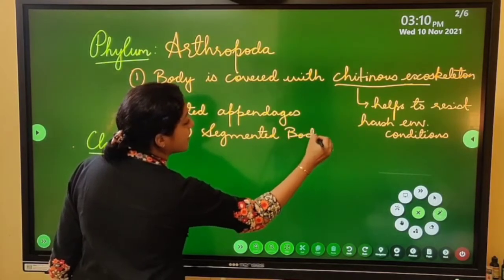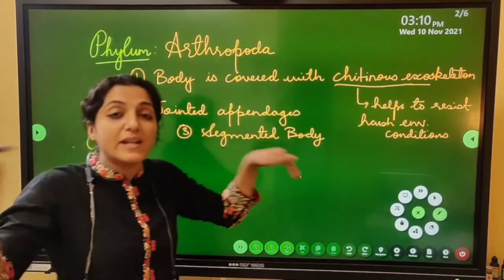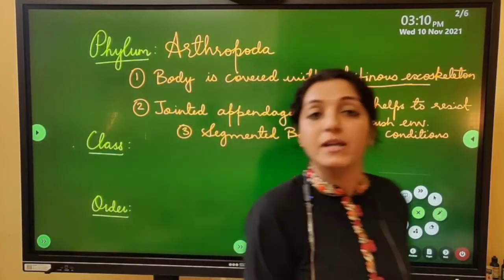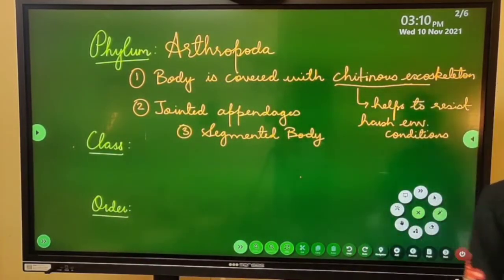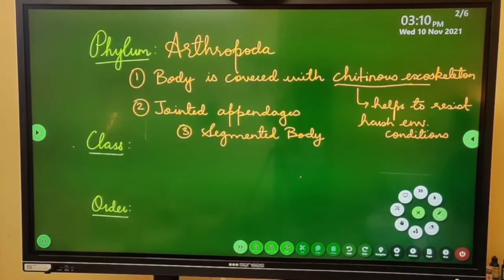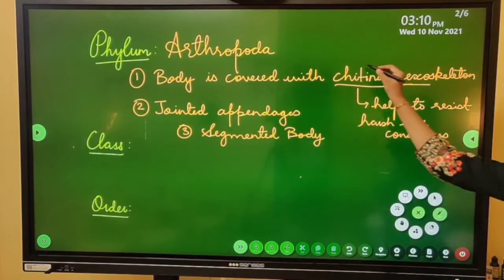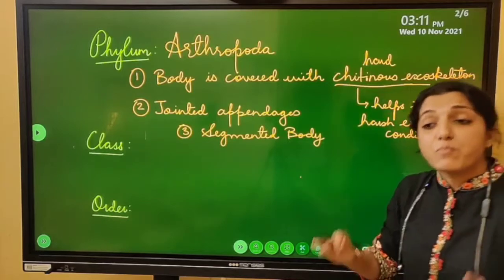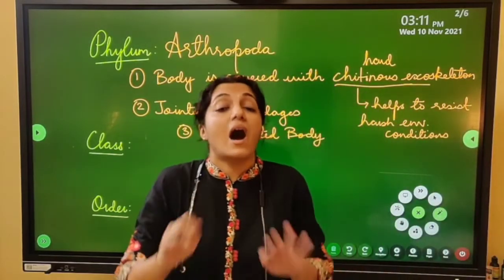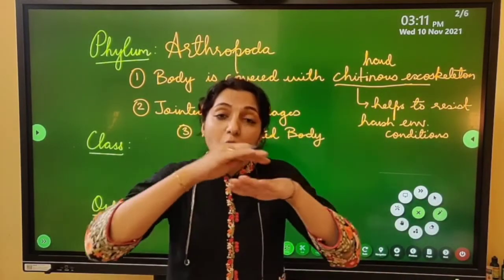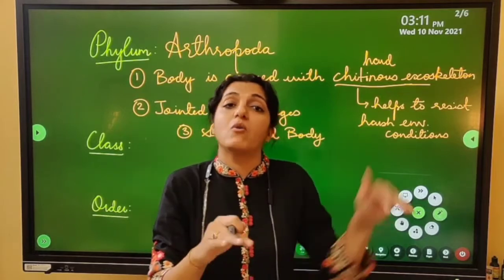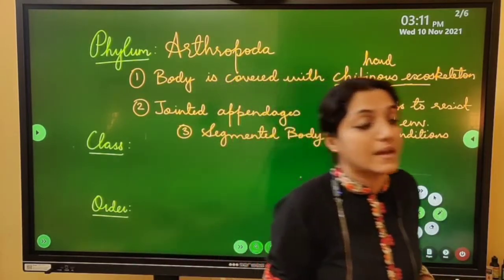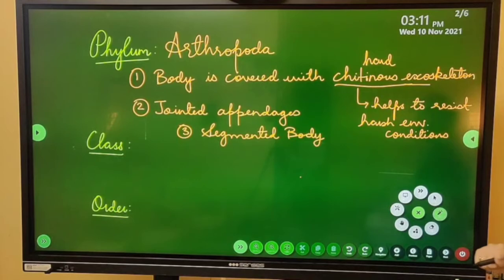So jointed appendages, that is jointed legs coming out from the body, segmented body, and body is covered with chitinous hard exoskeleton. This hard exoskeleton protects the inner body of the cockroach in harsh environmental conditions. So that is the reason it comes under phylum Arthropoda.